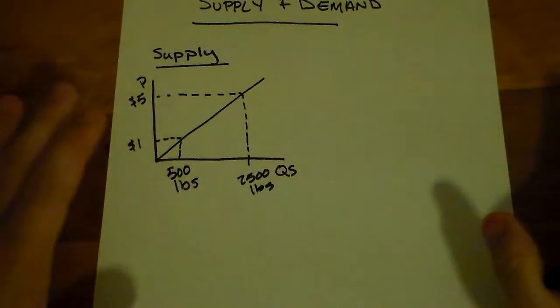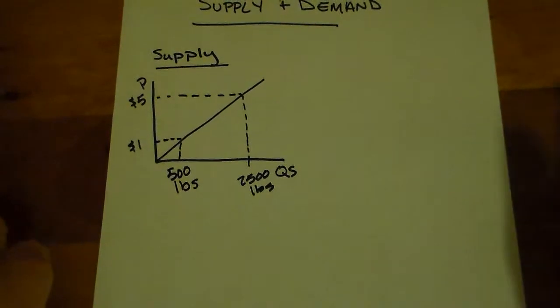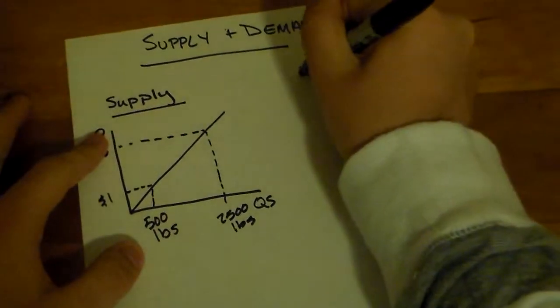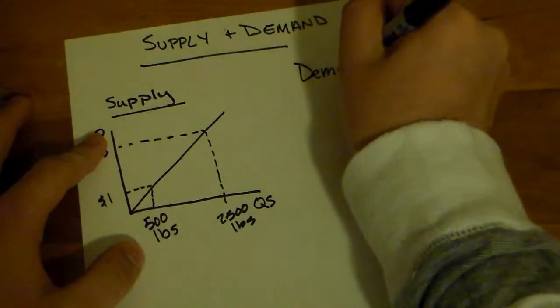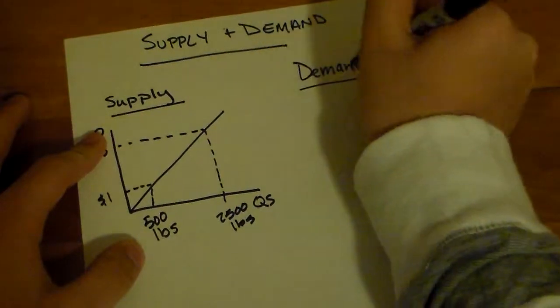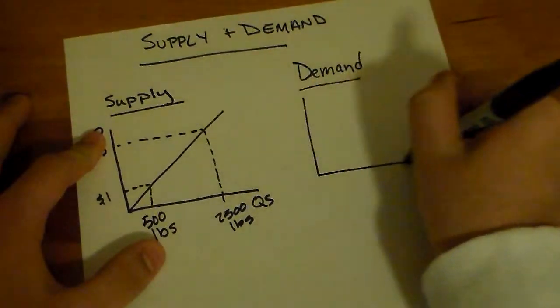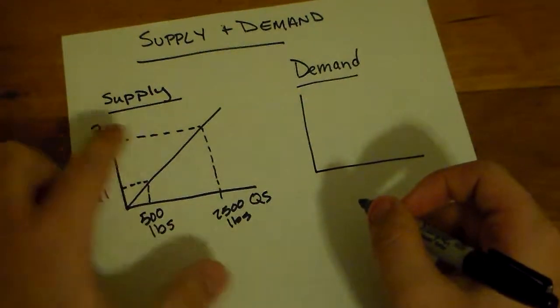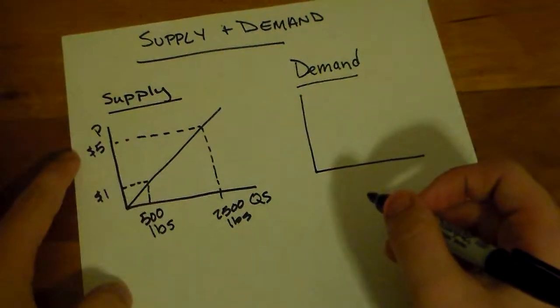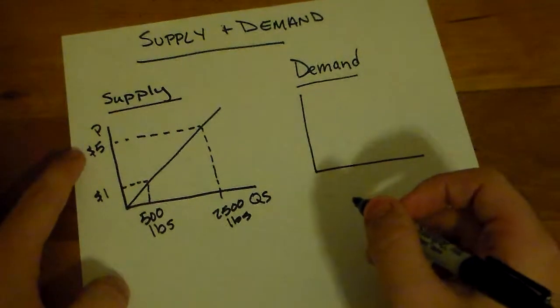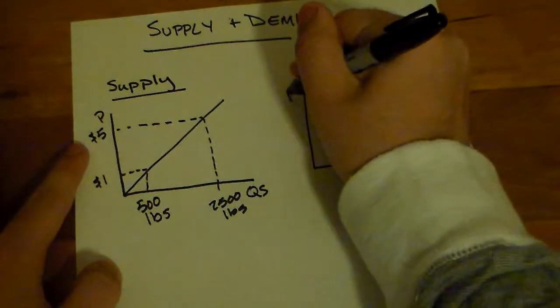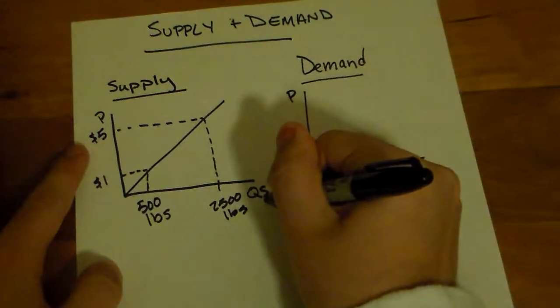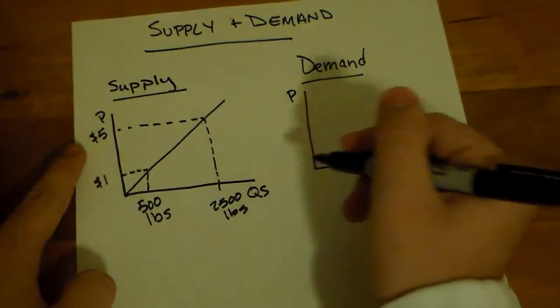Now, let's shift over to the demand side of this. The demand graph looks completely different than a supply graph, but you will still have the basic price and quantity on the X and Y axis. But this time it's not going to be quantity supplied as you've seen on the supply part.